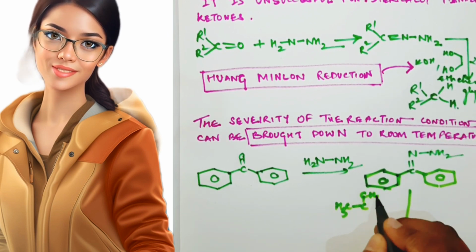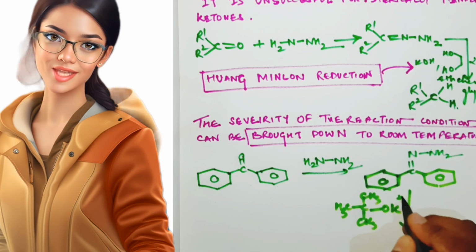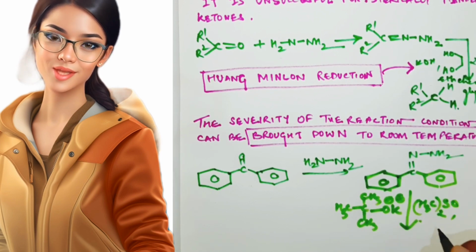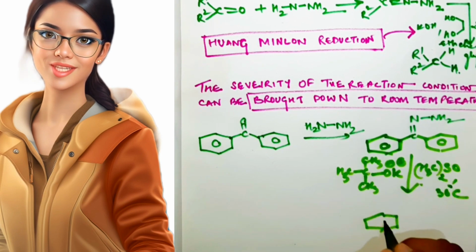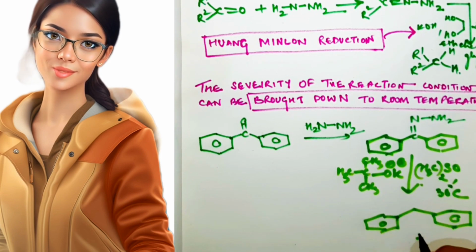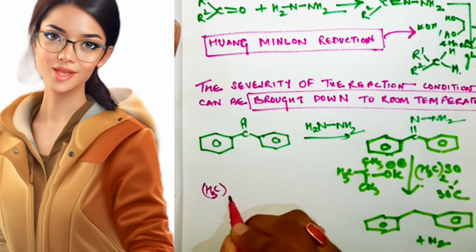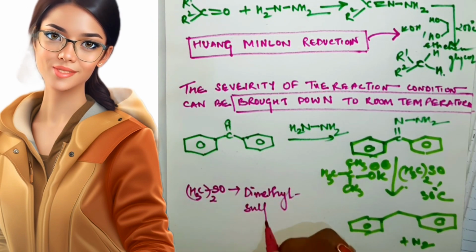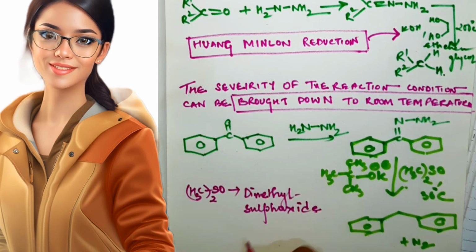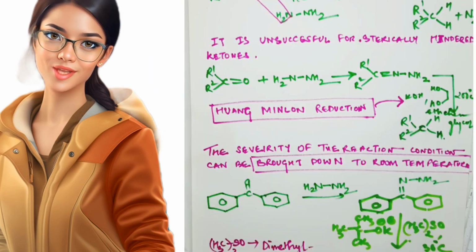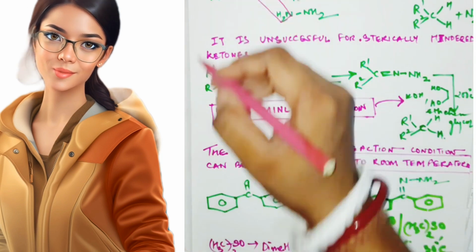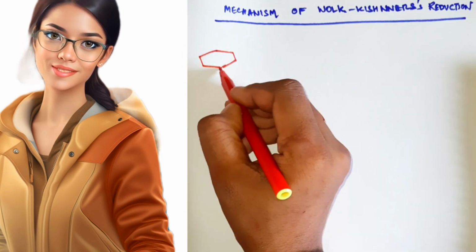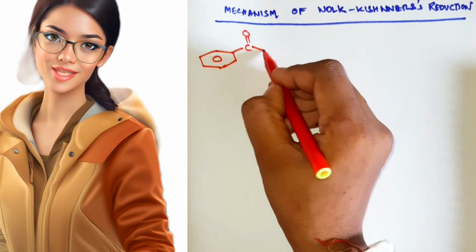But this time you will use tertiary butoxide, potassium tertiary butoxide, and dimethyl sulfoxide, and then it is done at 30 degrees Celsius, so the severity is reduced, and again the carbon-oxygen group is reduced and hydrogen is added in its place. So dimethyl sulfoxide is used in order to reduce the severity of the reaction.